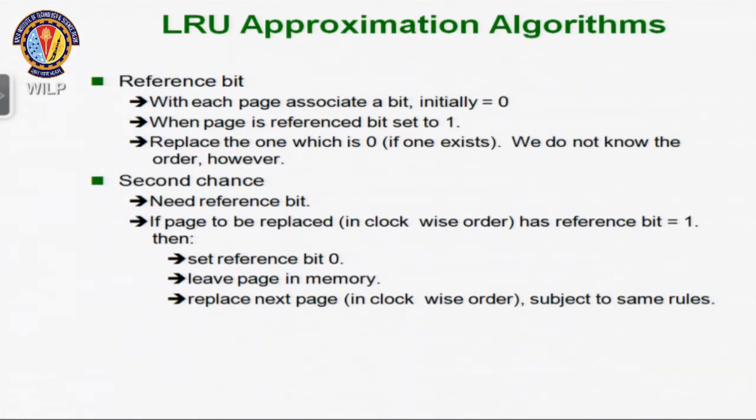When we start looking at the implementation of this LRU algorithm, one of the approaches is that the frames are arranged in a kind of circular list, and we maintain a pointer pointing at the next victim which is required to be replaced.